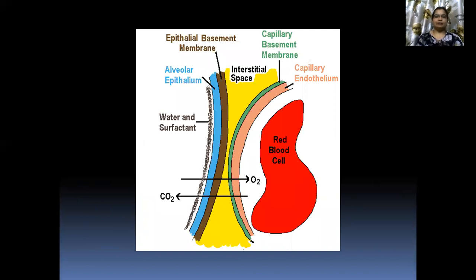So there is a diagram showing alveolar epithelium and capillary endothelium, which forms a respiratory membrane. So the respiratory membrane contains water and surfactant, alveolar epithelium, epithelial basement membrane, capillary basement membrane, capillary endothelium, and interstitial fluid.